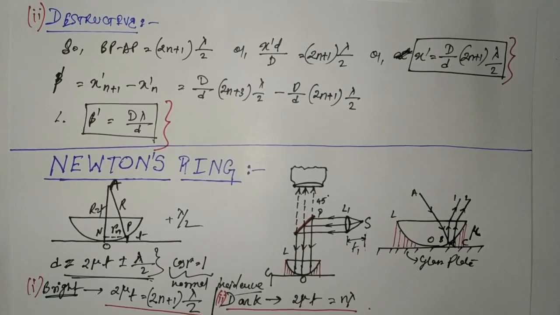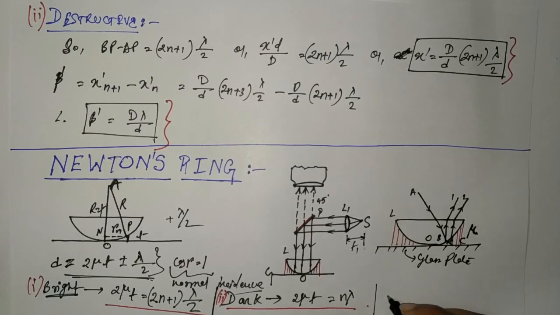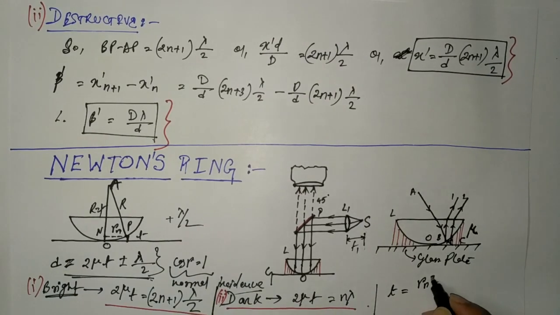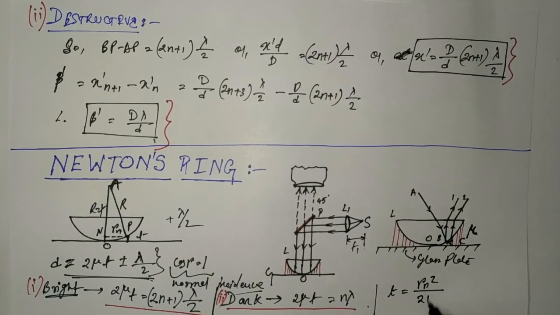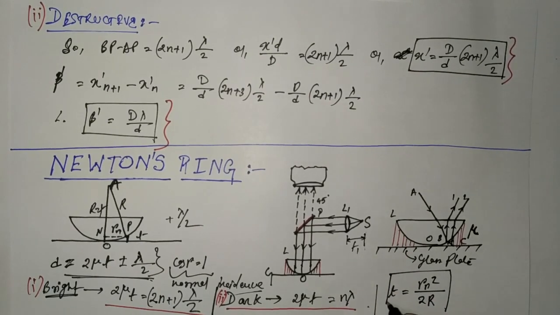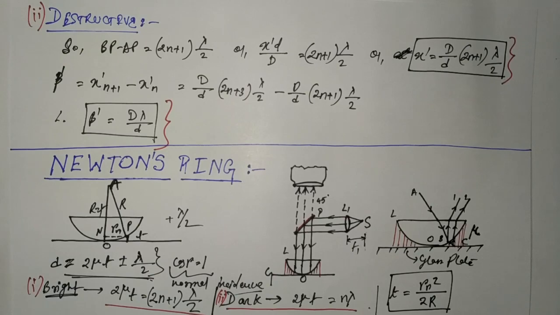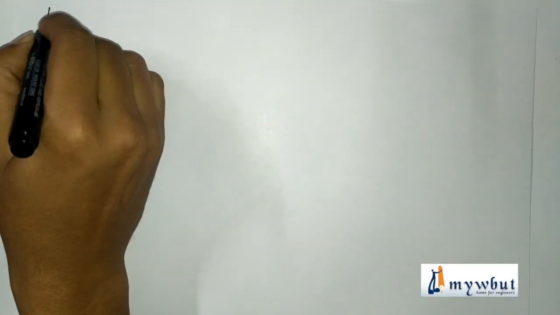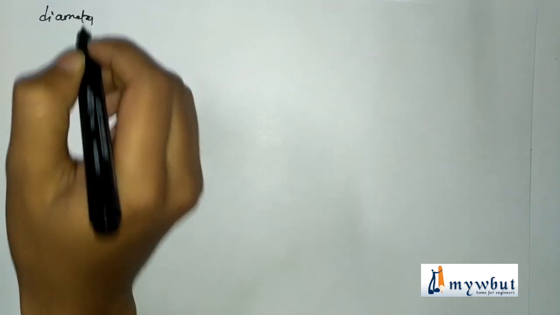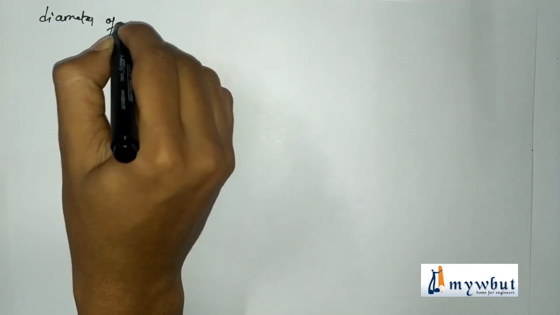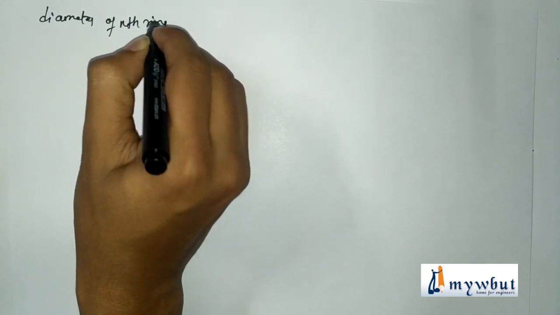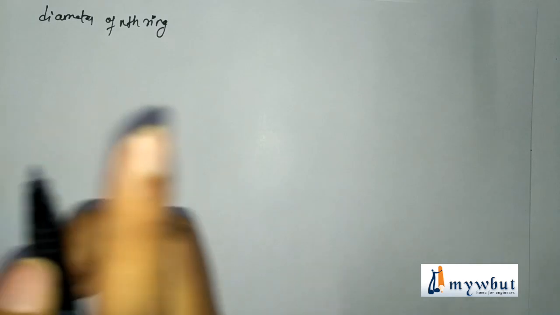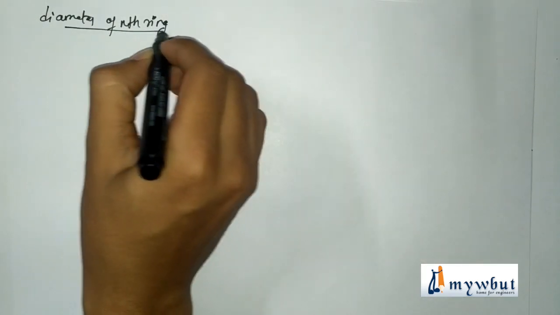Also we can write the value of t, which comes out to be rn square by 2 into capital R. This is the value of t, that is the height. So friends, from here we can also obtain the formula for the diameter of the nth ring, that is the circular rings around the lens.